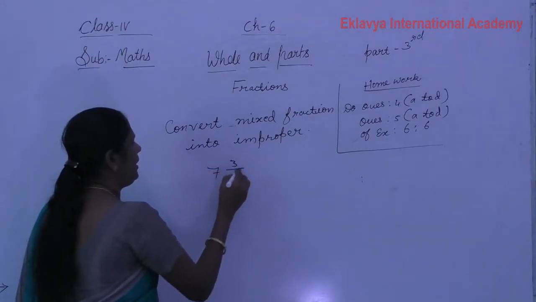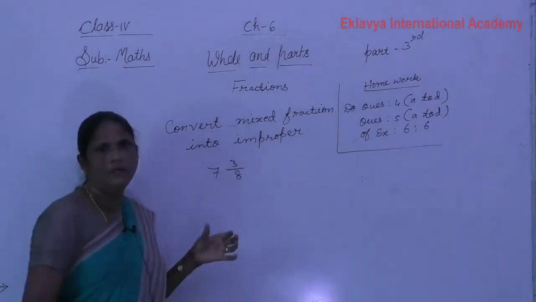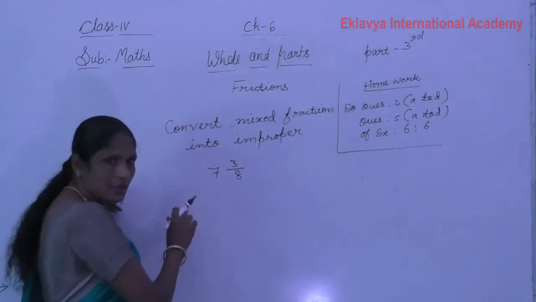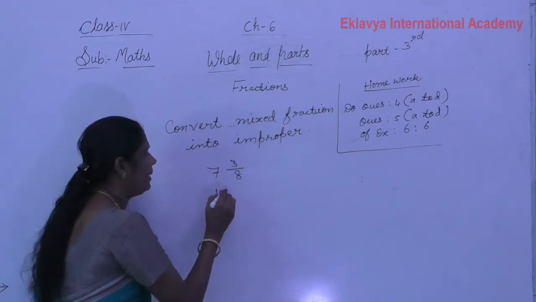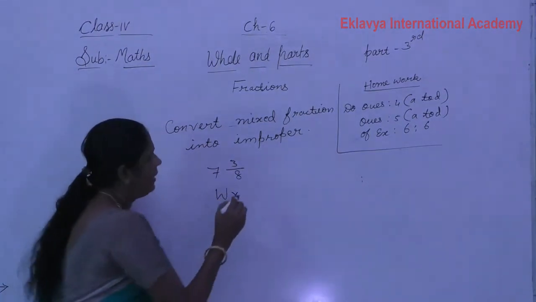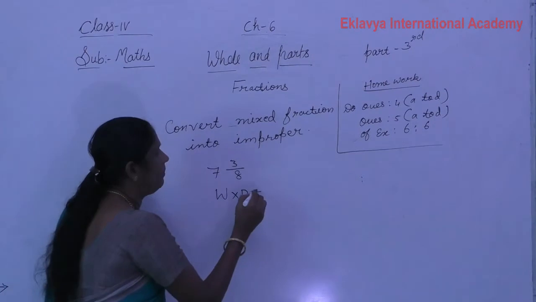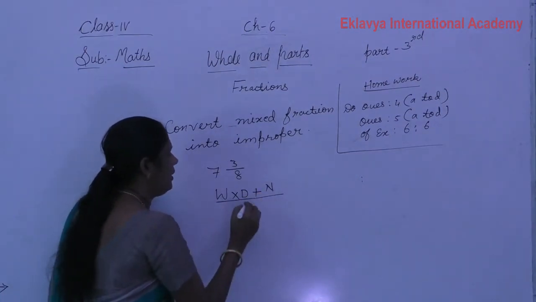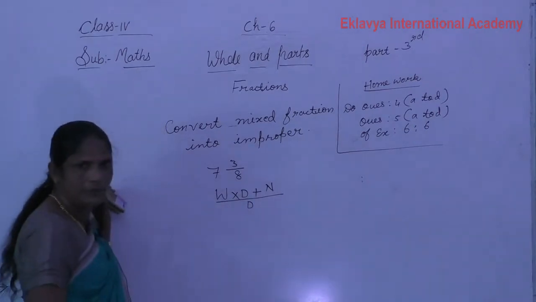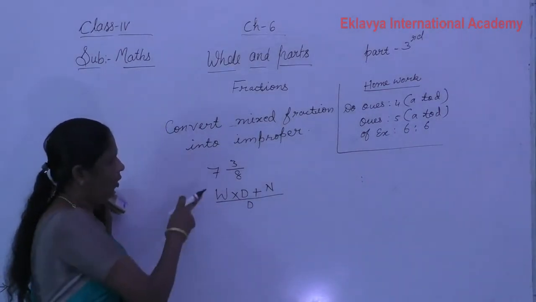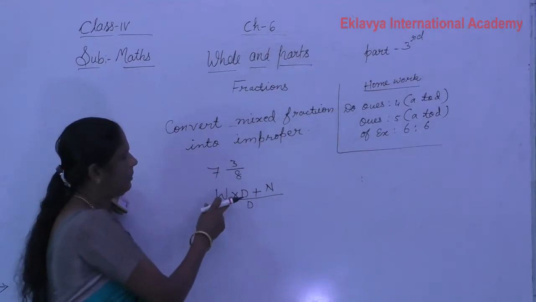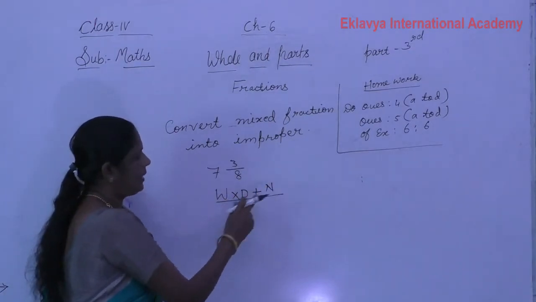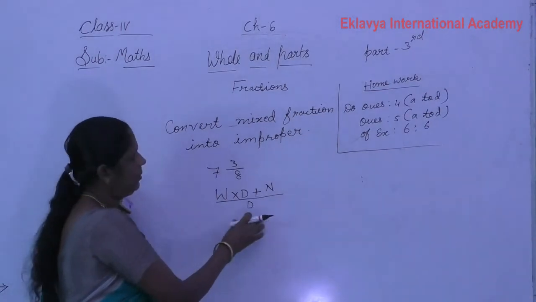7 3/8. Which is our whole number? 7 is our whole number. Whole number multiply denominator plus numerator upon denominator.